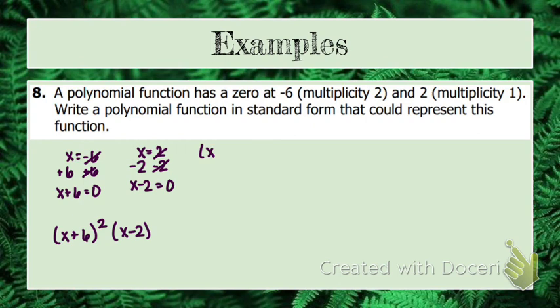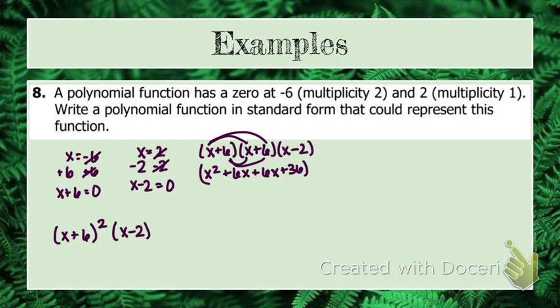So we're going to have x plus 6 times x plus 6 times x minus 2. So we'll start by multiplying the first two together, and we use the FOIL method. So we multiply the first ones, the outsides, the insides, and the last terms.